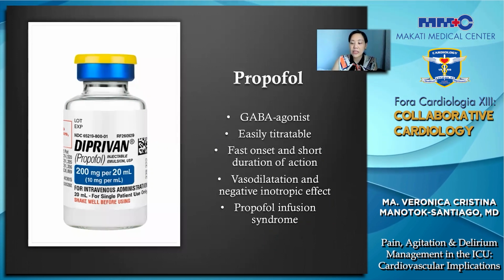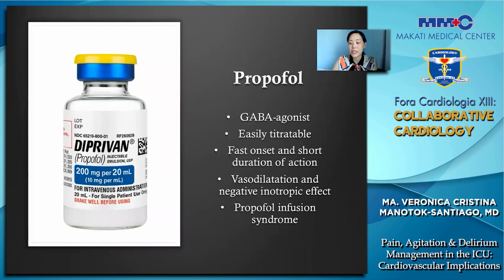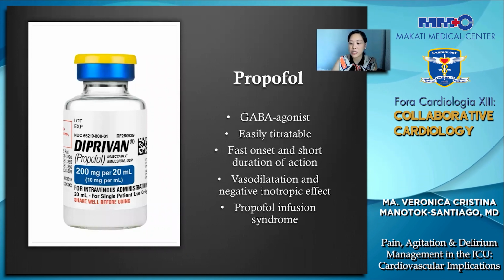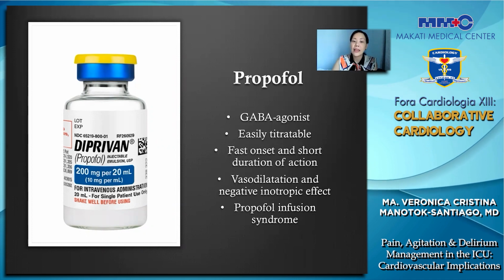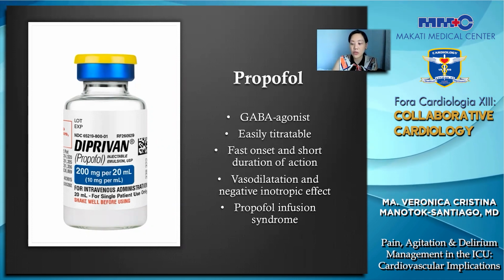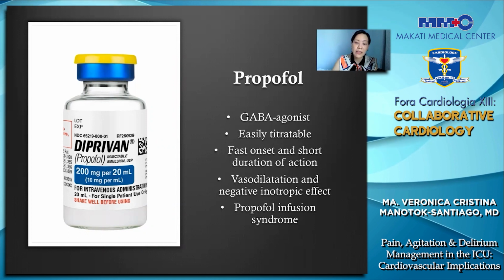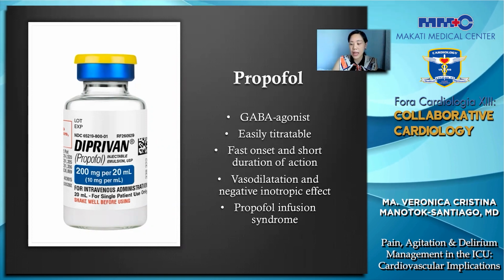Although we give this drug left and right, we have to be cautious in its administration as it causes vasodilatation and negative inotropic effects, which is not so good for cardiac patients. And there's also what we call the propofol infusion syndrome, when it's given in high doses for long periods of time.